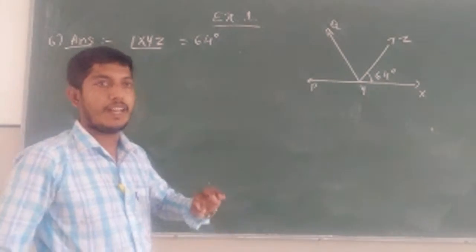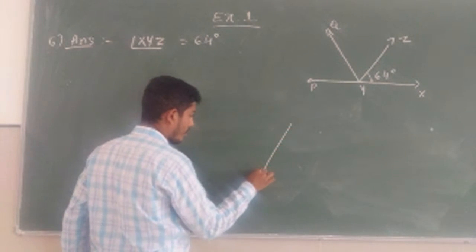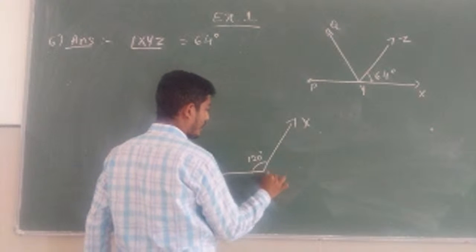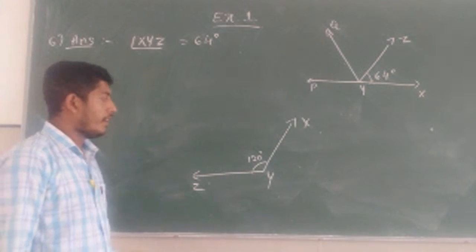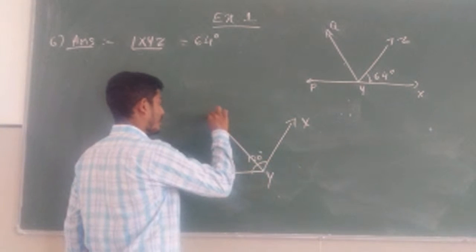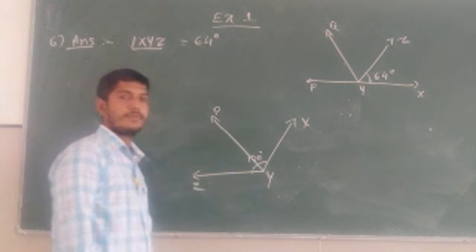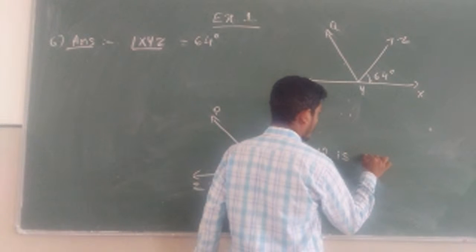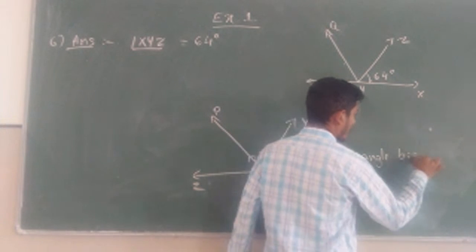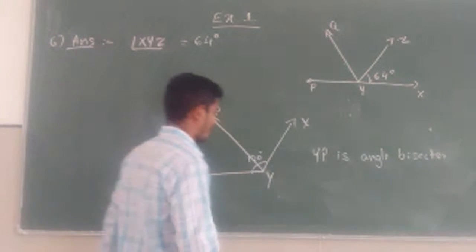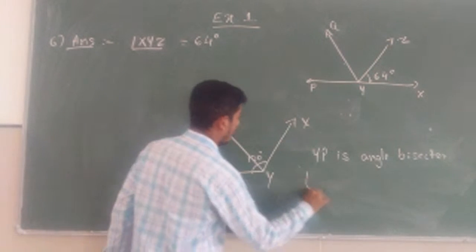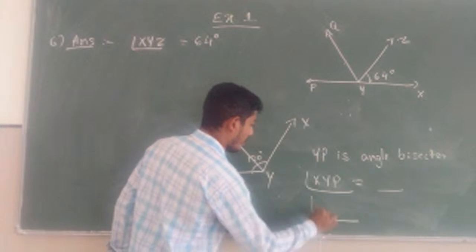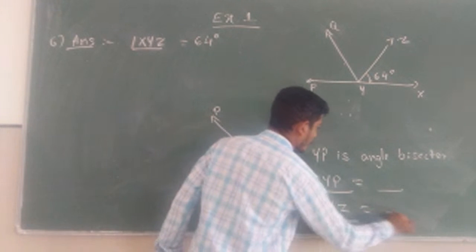In the same manner, I will give another example. If this angle is equal to 120 degree, I will consider this as XYZ. I will consider one line YP and I will tell you YP is the angle bisector. Then I want angle XYP equals dash and PYZ equals dash.